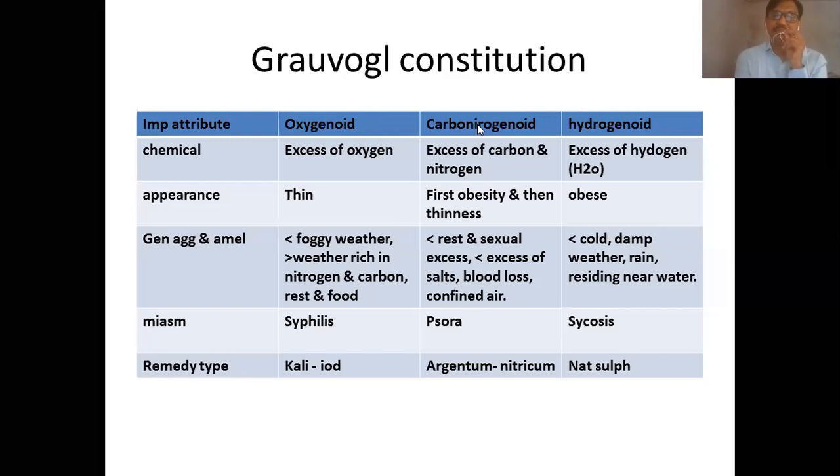And as for aggravations and ameliorations, they are usually aggravated by rest. Now see, in the oxygenoid constitution it was better by rest; in the carbonitrogenoid it is aggravation by rest. So that is a difference between the oxygenoid and carbonitrogenoid constitutions. And carbonitrogenoid constitutions are usually aggravated by sexual excesses, meaning involvement in the sexual act beyond the normal limit.